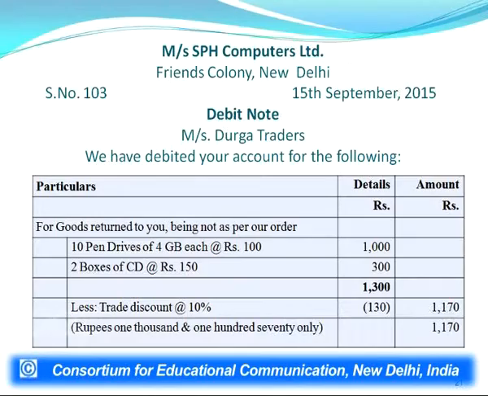So this is the format, this is very easy, and now we come back to the topic of the current session, that is the sales book, sales return book and credit note.